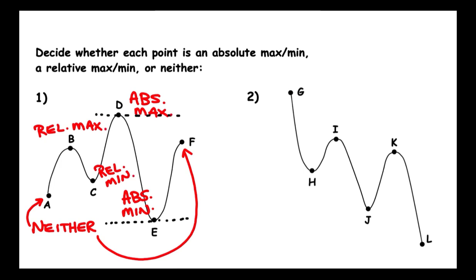Over to number 2, we do have an absolute max. It's the highest point that we have, and it's point G. Endpoints, remember, are allowed to be absolutes, but the endpoints refuse to be relatives. They're too good for that. They're too snooty. L is an absolute minimum, which means that H and J are forced to just be relative mins.